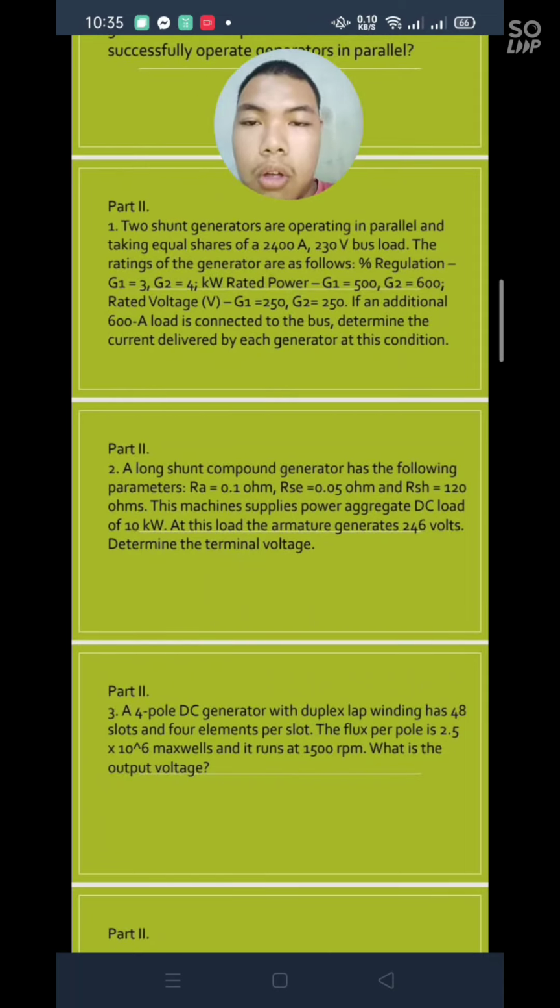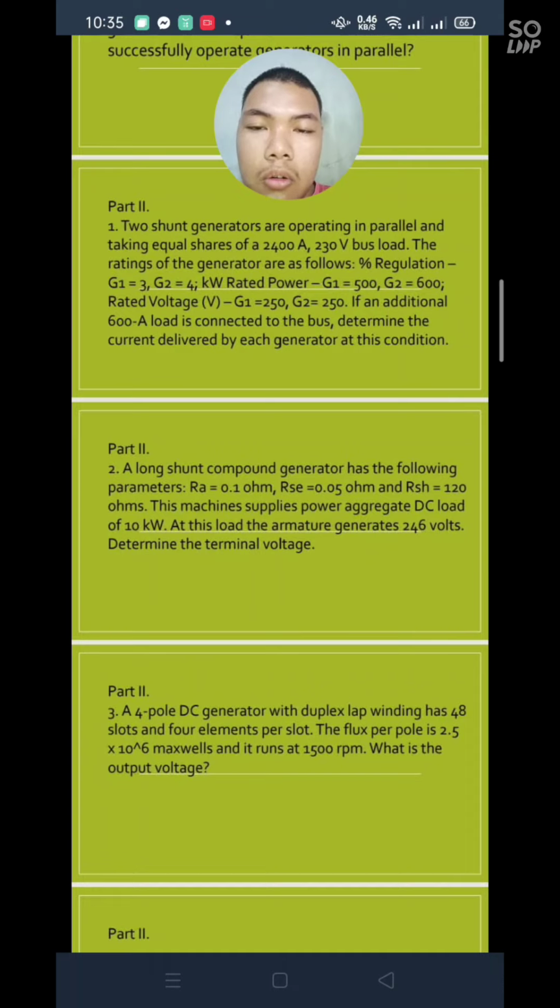So number 1: two shunt generators are operating in parallel and taking equal shares of a 2400 ampere, 230 V bus load. The voltage regulation ratings of the generators: G1 is 3% and G2 is 4%.